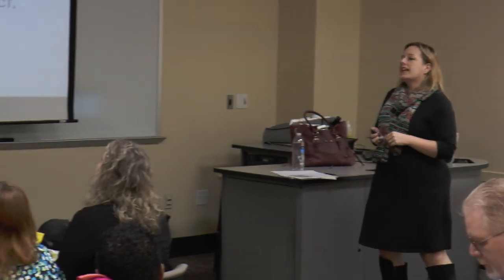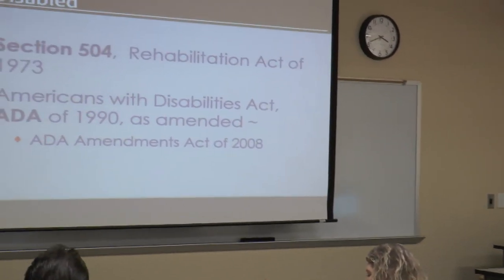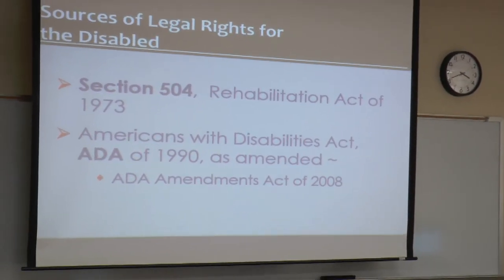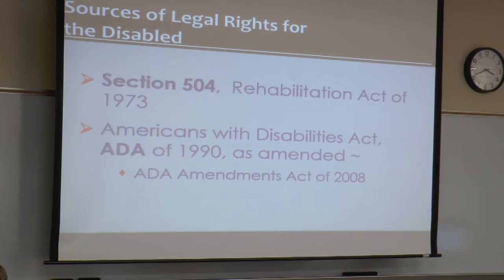with the district's policies. So the sources of the legal rights for disabled students come from Section 504 of the Rehabilitation Act of 1973. That was actually the first statute that provided disability civil rights protections in the United States, and it sort of laid the groundwork, so to speak, for the ADA.